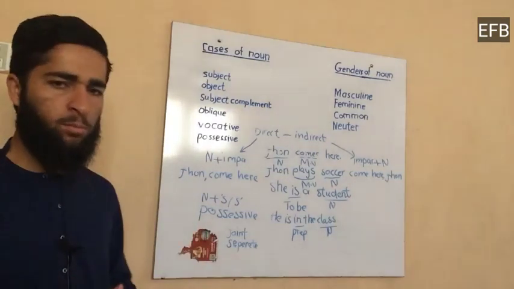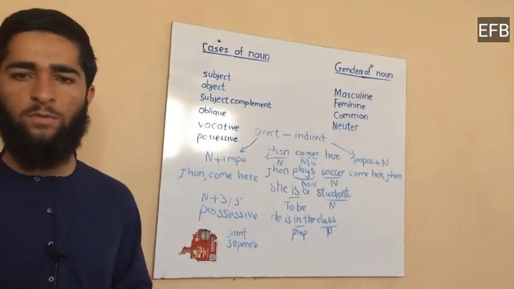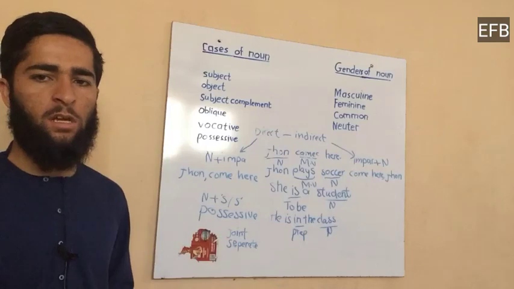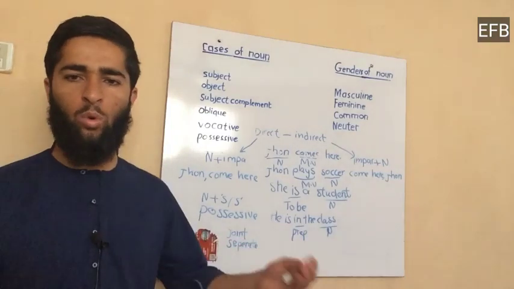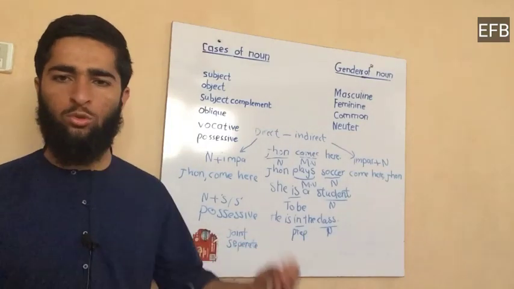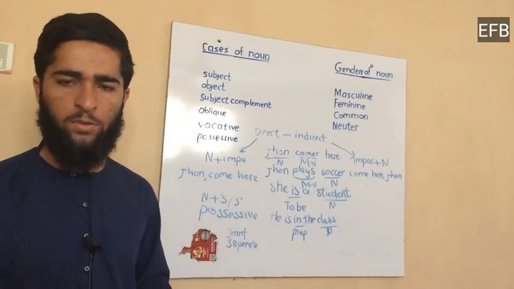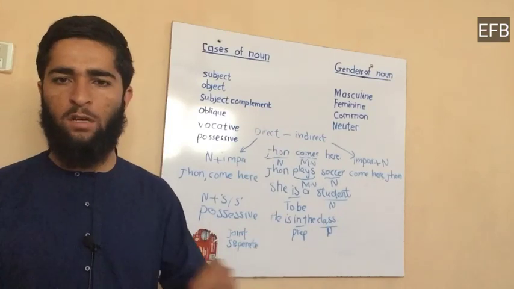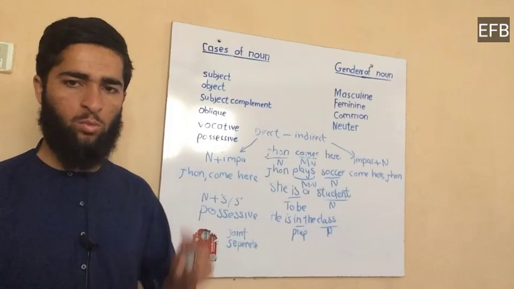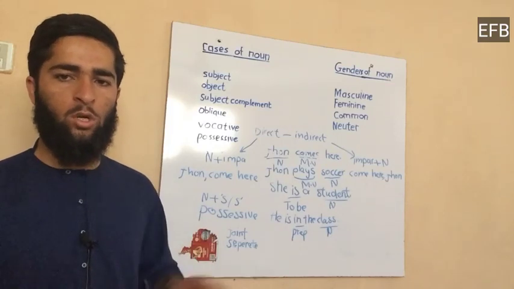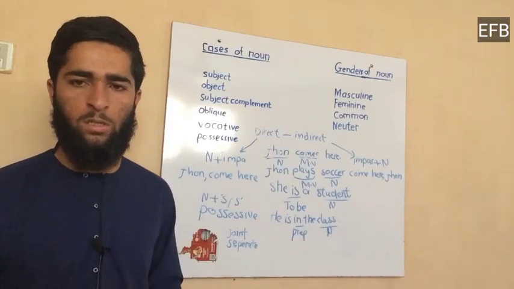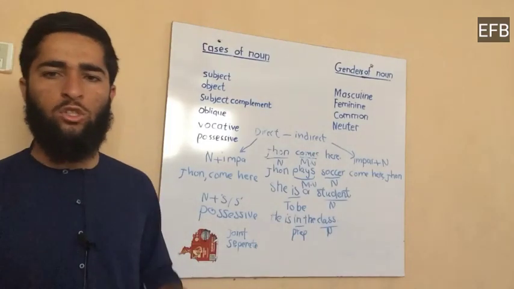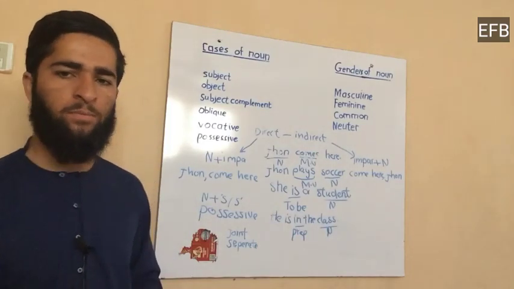But separate possessive case is the opposite of joint possessive case. It means we do not belong one car to two people. We belong two things to two separate people. For example, John's and Ali's car. In this sentence we have two cars, two people. Two cars belong to two people. That's the difference between joint and separate possessive case.